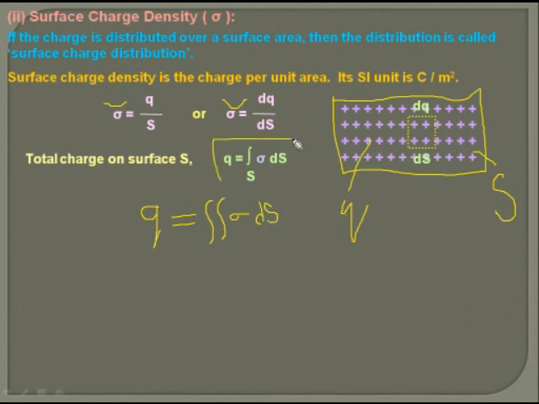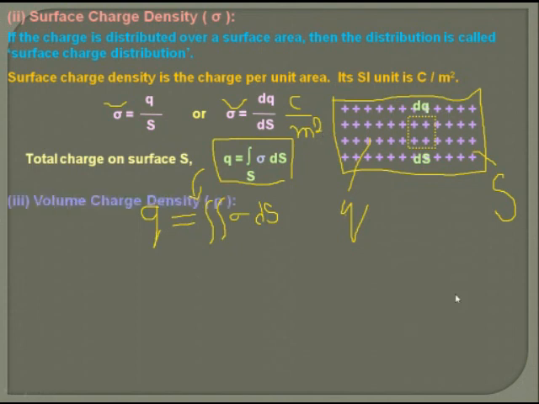This is the expression you have to remember. Let's talk about its unit. Since the dq unit is coulomb in the SI system and the area unit is meter square, its unit will be coulomb per meter square. Again, it's a scalar quantity.